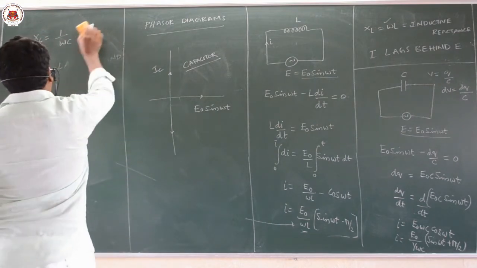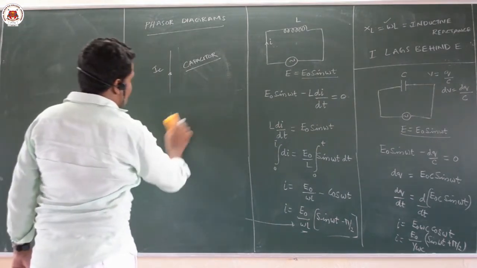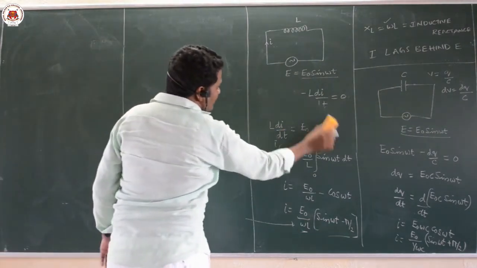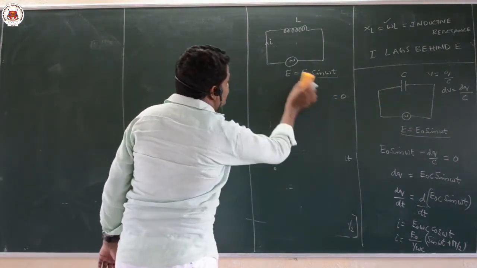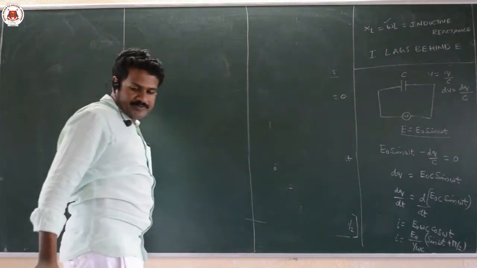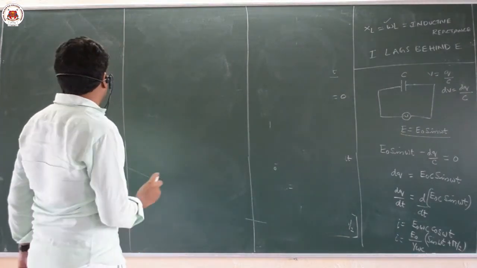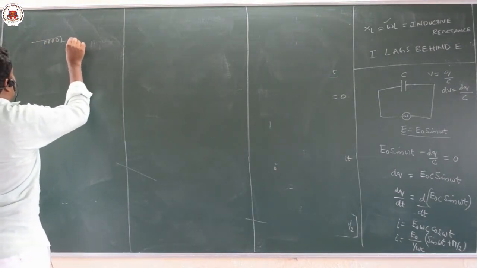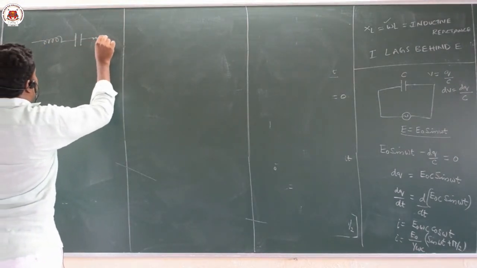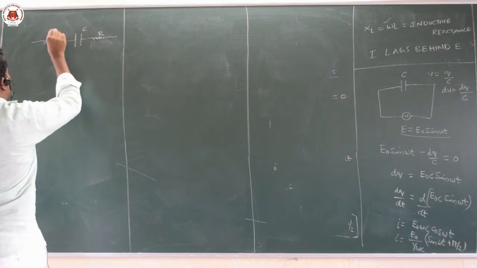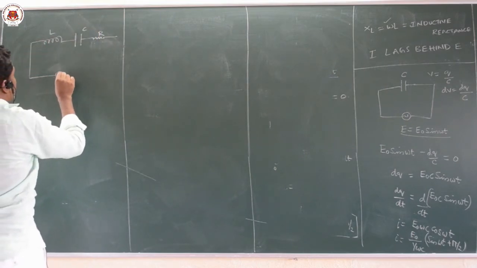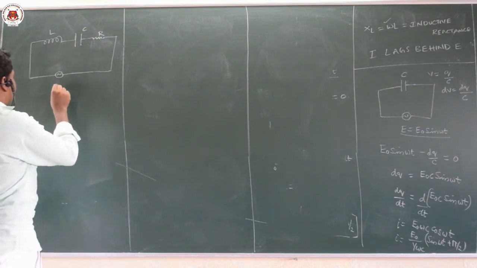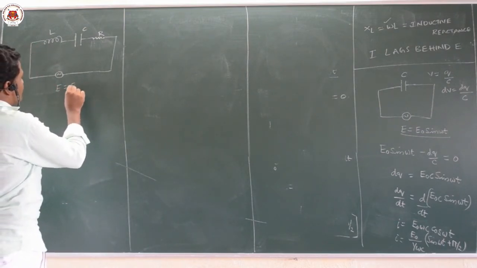Suppose I take all three at a time and connect them in series, then what is the value of current, what is the value of EMF, and what is the phasor diagram? Let us see. That is called the LCR circuit. Connecting alternating current to an LCR circuit, with L, C and R, you take an alternating EMF E is equal to E naught sin omega t.